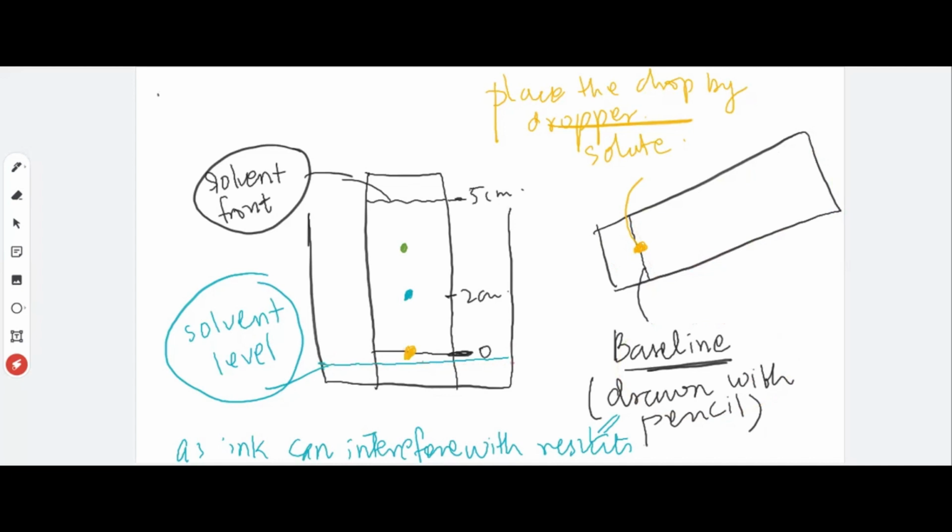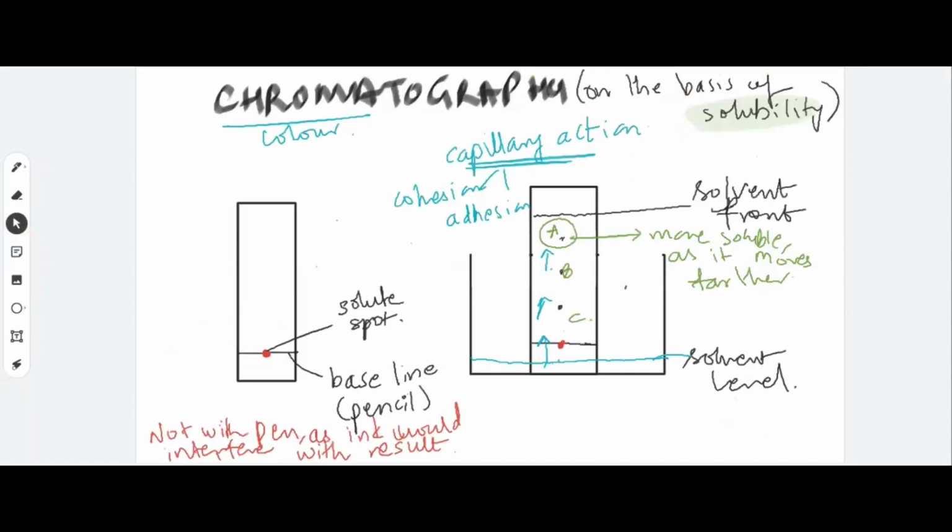The other thing we have to make sure is that this solvent can actually dissolve this solute. Why? Because chromatography happens on the basis of solubility.